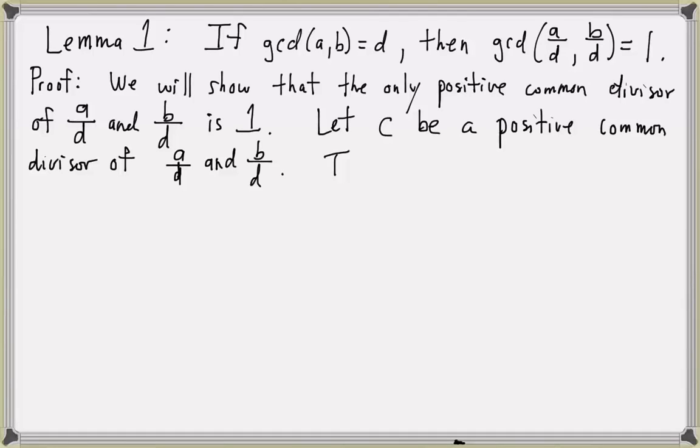Then I can write A over D as an integer multiple of C. Let's say it equals C times M. And B over D equals C times some other integer, let's call it N.